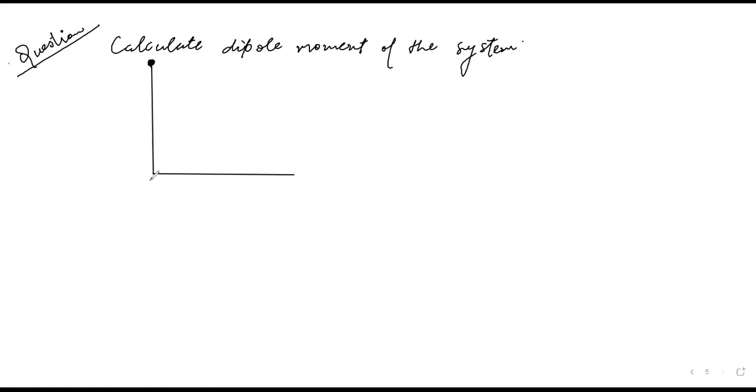The separation from this point O is A, and this is also A. This is your plus Q charge, and this one is the minus Q charge. Now calculate the dipole moment, please. Can all of you solve it or not? Yes, sir.